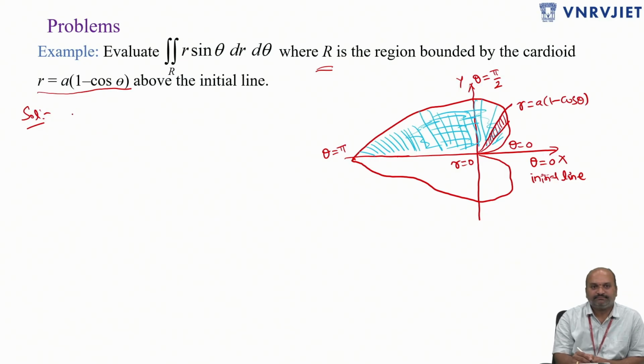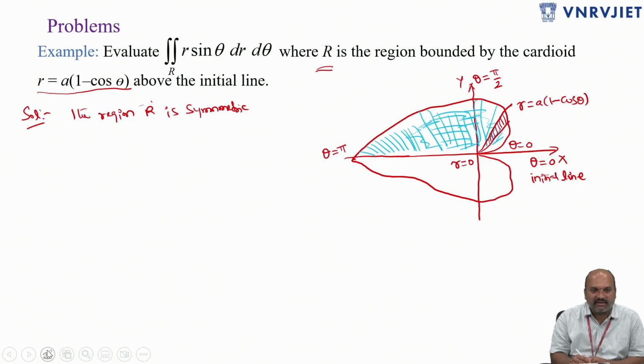Now, the cardioid is symmetric about the initial line, but the region is above the initial line only.